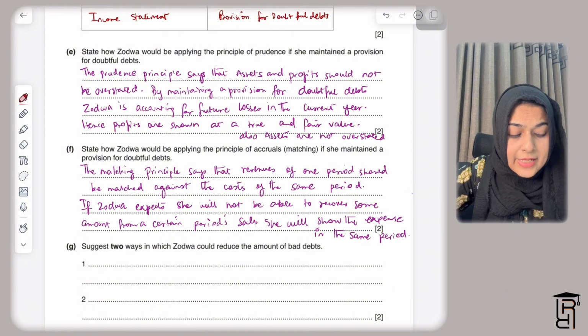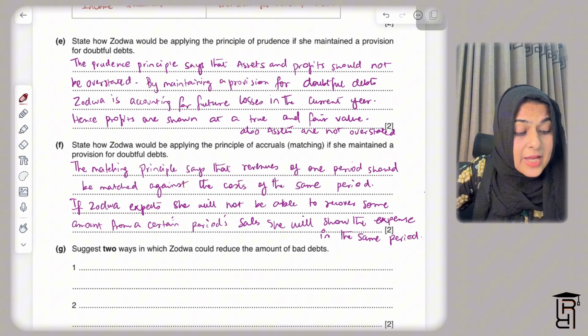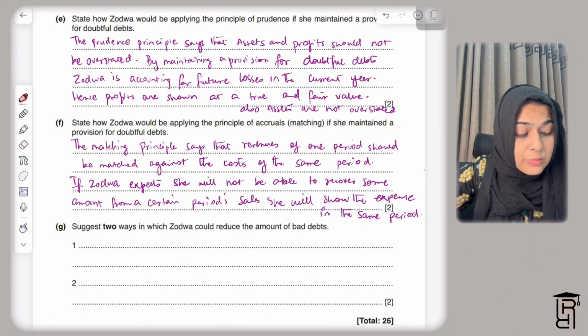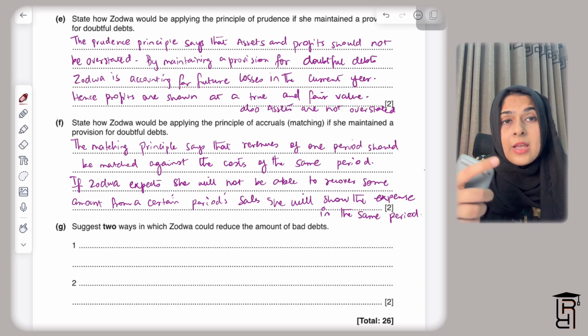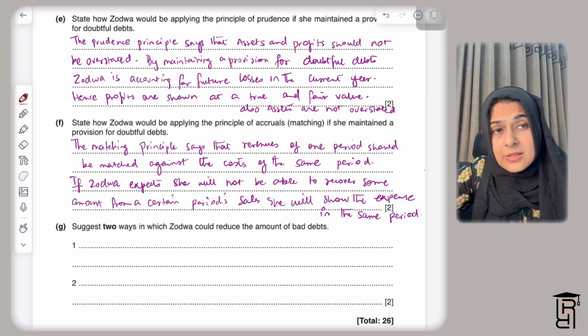In part F, they are saying state how Zodwa would be applying the principle of accruals or matching if she maintained a provision for doubtful debt. So we will say here the matching principle says that revenues of one period should be matched against the costs of the same period. If Zodwa expects she will not be able to recover some amount from a certain period's sales, so let's say in the current period that is ending on 31st July 2017, it started on 1st August 2016.